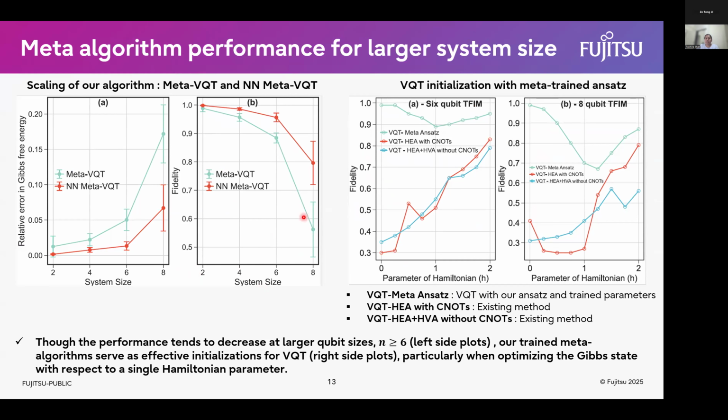However, what we observed is that when we used our meta-trained ansatz as an initialization for traditional VQT, where we get the Gibbs state corresponding to a single parameter, and compared it with other existing variational techniques, our method is able to attain a good fidelity for different parameters of the Hamiltonian as compared to the other techniques.